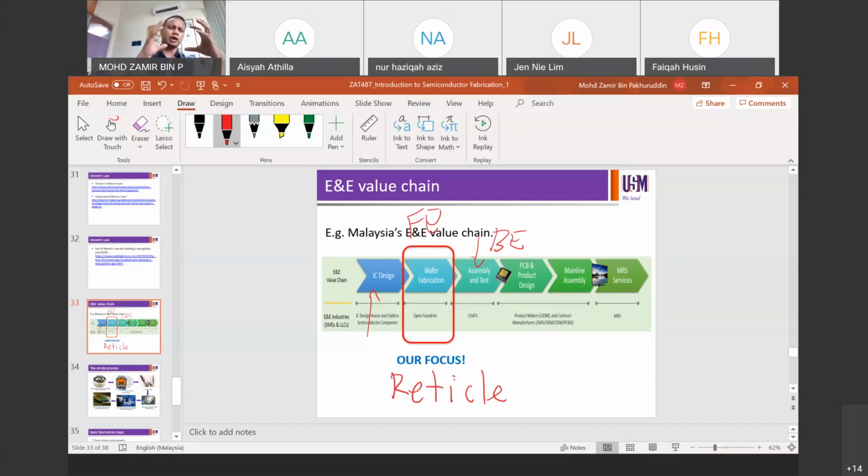What they're gonna do is they're gonna take the completed wafer and then they're gonna do the dicing process. They're gonna cut the chip into one specific chip from the wafer, and then they're gonna test each of the chips, and then they're gonna do the packaging. Then it's gonna end up on board or eventually in the products, right? So that's how it looks like. And the focus for this course is mainly on fab and a little bit on packaging later on. So we're going to cover this, right? Our focus.